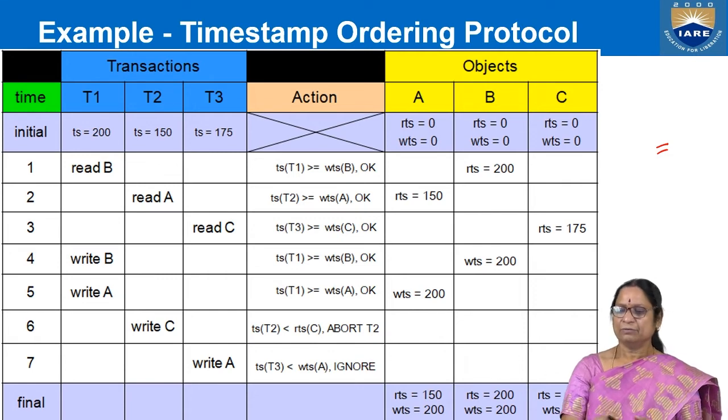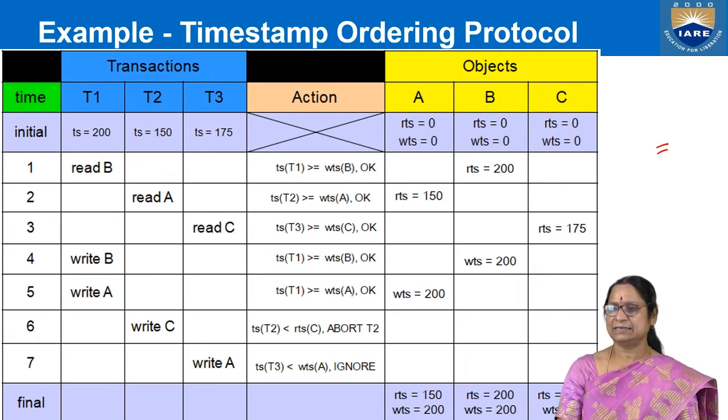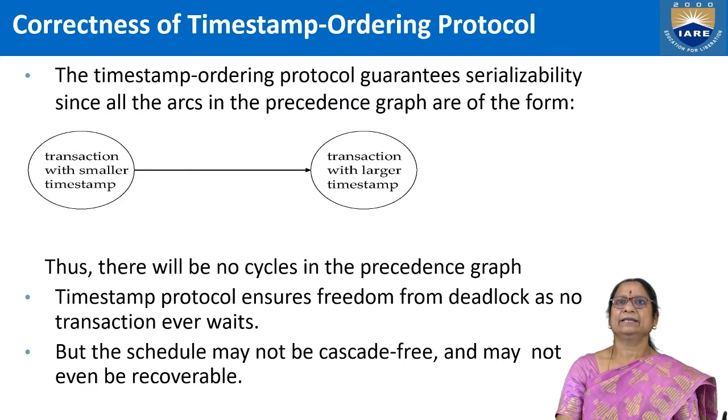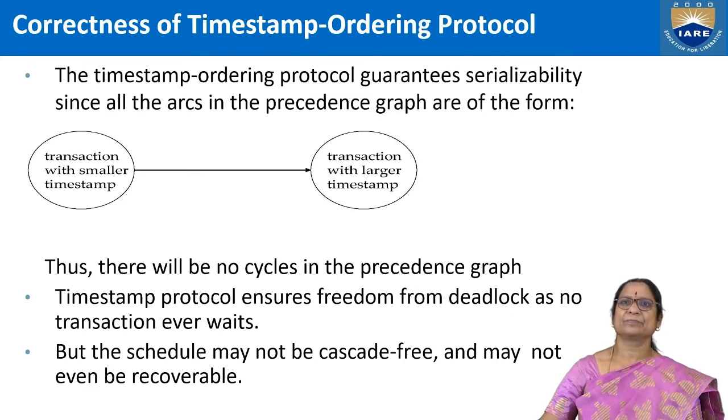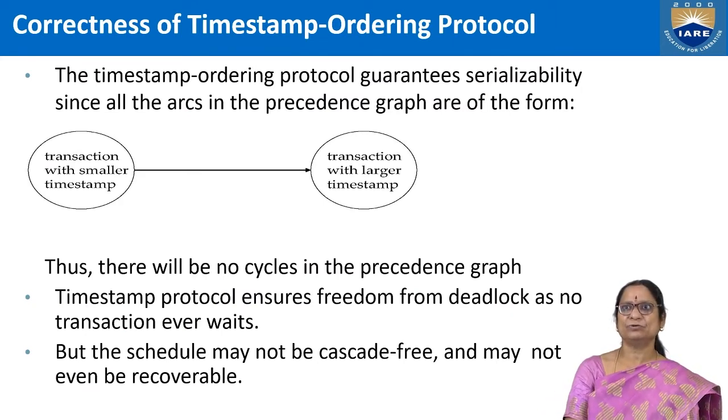Now we will look at the correctness of the timestamp protocol. The timestamp ordering protocol guarantees serializability. How? Through the precedence graph. Transactions with smaller timestamps are executed first, then the transactions with larger timestamps are executed.